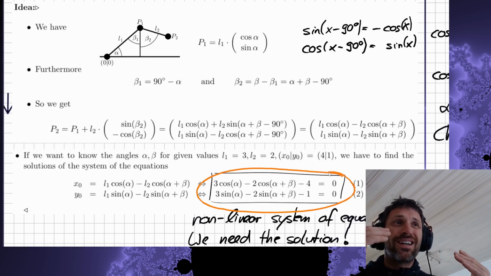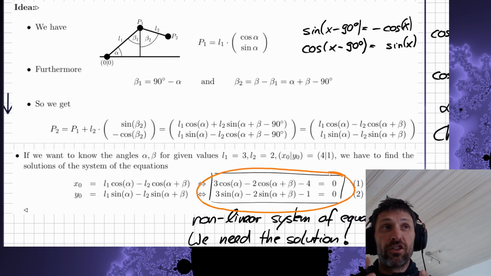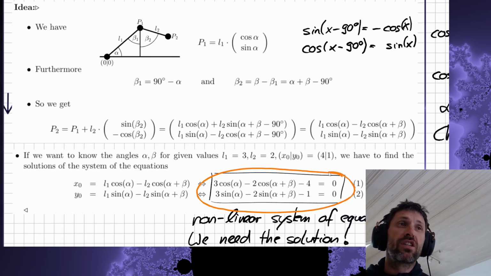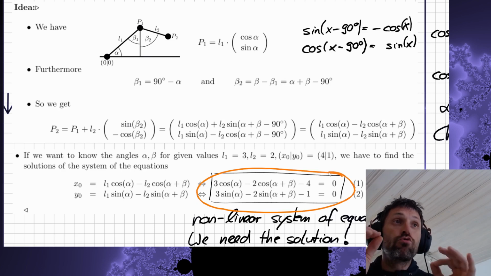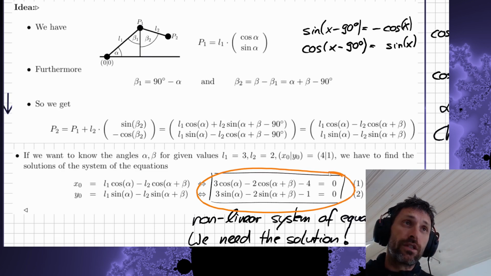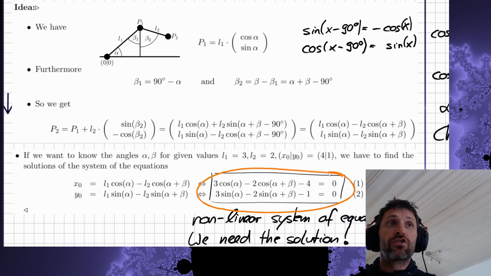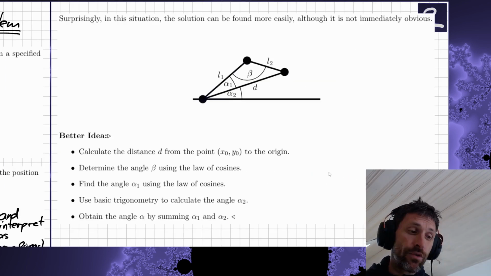Remember, an equation is tricky to find the solution. A set of equations is much more tricky. So you need initial values and all that stuff when you apply numerics. And to get rid of this question, it's better to not apply numerics if it's not necessary. And in this case, surprisingly, it's not really necessary.